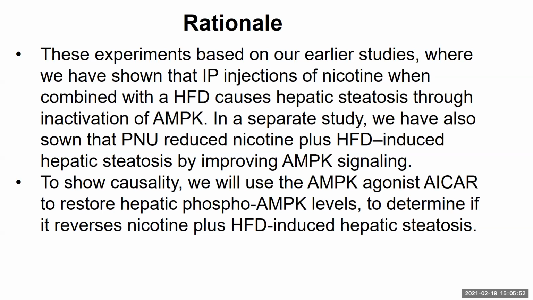But these are all associations. To show causality, we will use the AMPK agonist ICA to restore hepatic phospho-AMPK levels to determine if it reverses nicotine plus high-fat diet-induced hepatic steatosis.